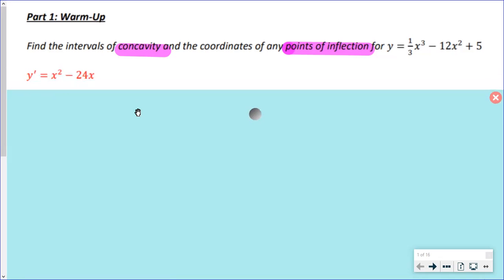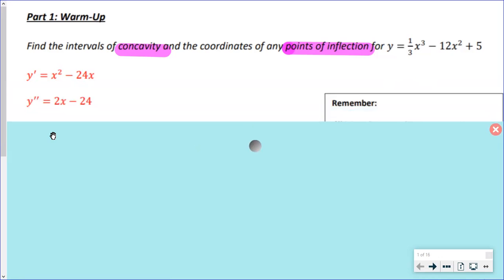Well, first of all, I need to take this cubic function and apply the power rule in order to get a quadratic function as my first derivative. And from the quadratic function, I know I'm going to get a simple linear function for the second derivative.